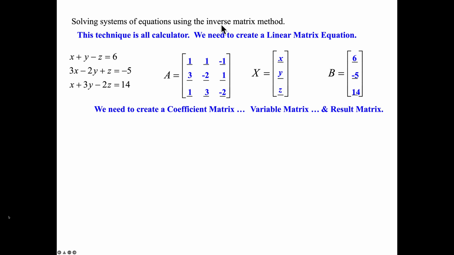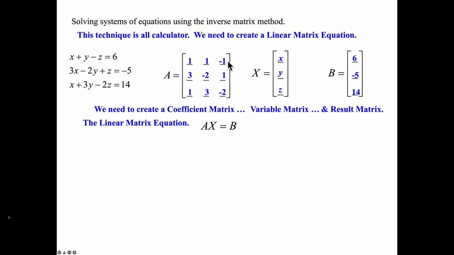To use your inverse matrix method, we create what we call a linear matrix equation: matrix A times matrix X equals matrix B. Let me show you how these two multiplied together being equal to B creates your system.